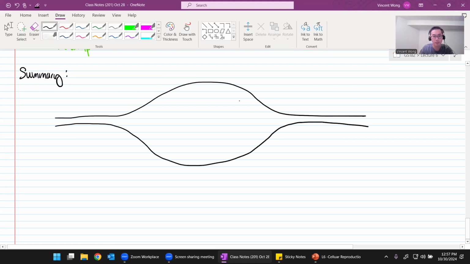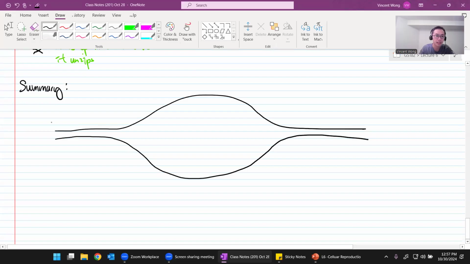So let's draw a bubble, and 5 to 3 here. I just choose to put 5 to 3 on top. It could have been the other way around. It doesn't really matter. However, if I put 5 here, I hope you understand the bottom one has to be 3 to 5, right?